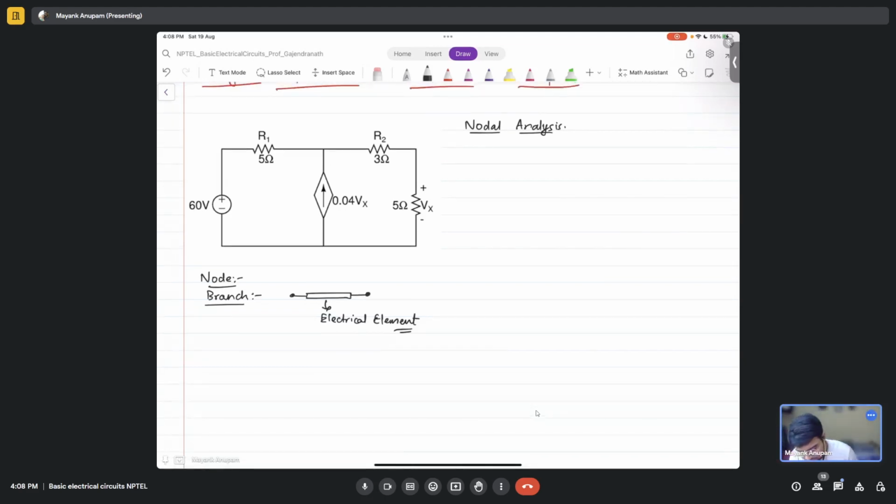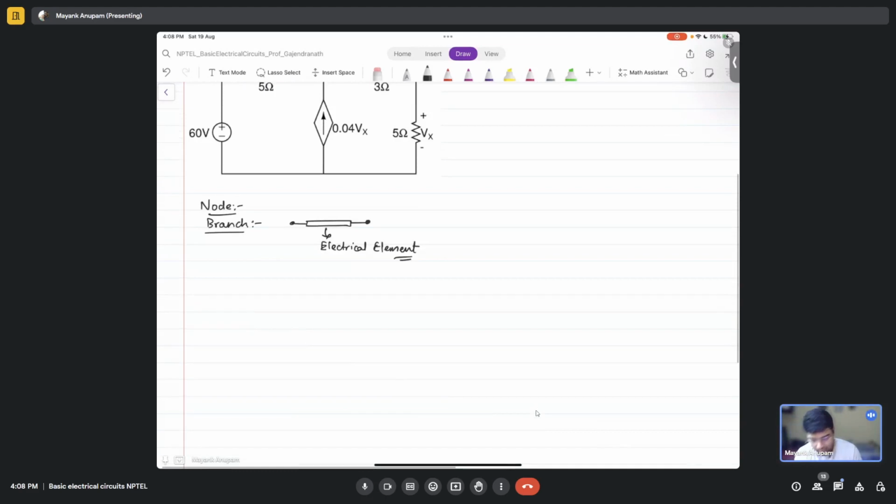Now, a node is nothing but the junction of any two or more electrical elements. Say you have one electrical element like this, another electrical element like this, and another like this.